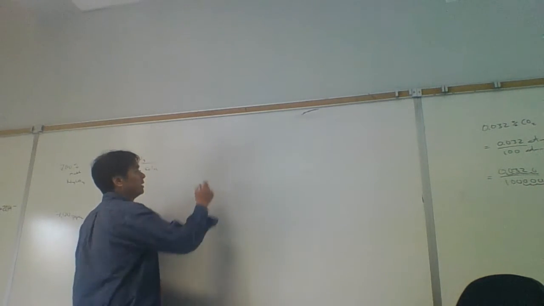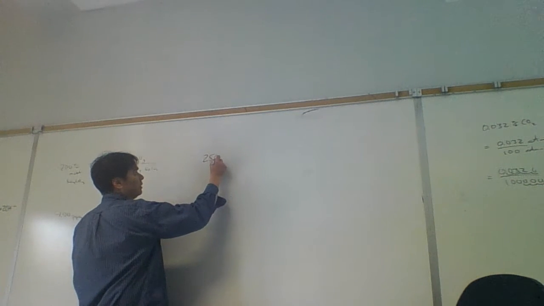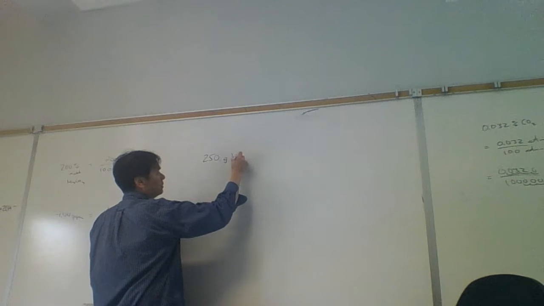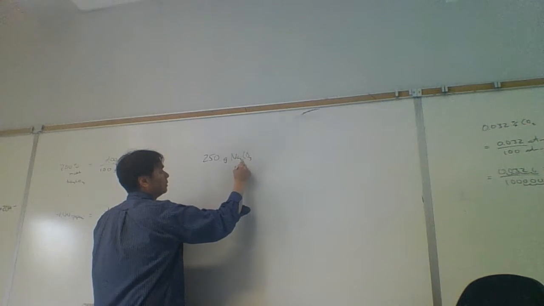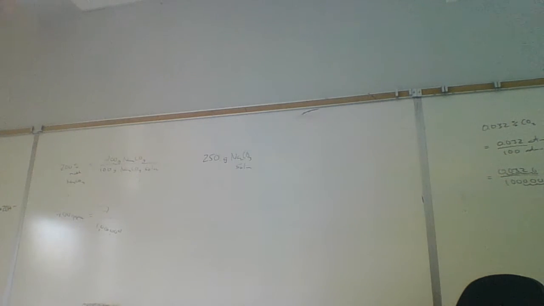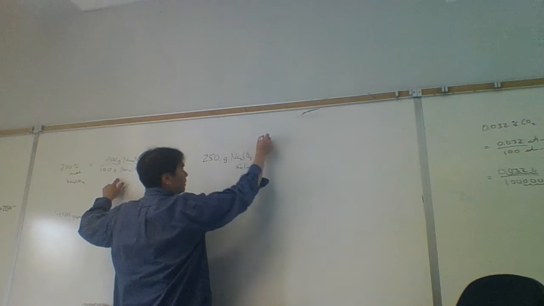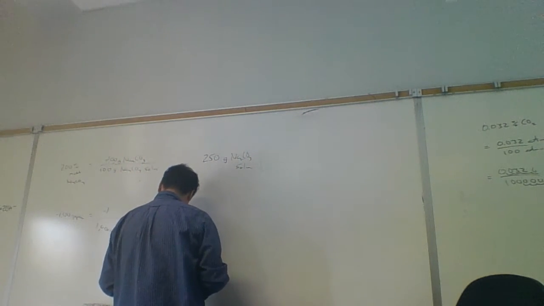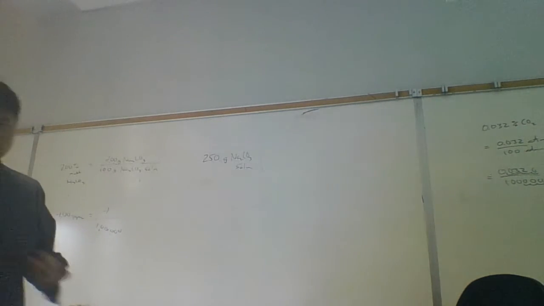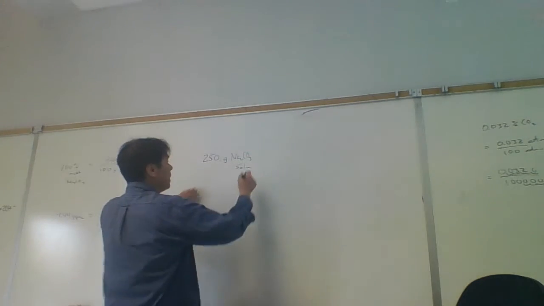And so what we want is 250 grams of sodium carbonate solution. Basically, we'll just use dimensional analysis for this. We need something that gets rid of sodium carbonate solution. What gets rid of grams of sodium carbonate solution? The percent mass here.